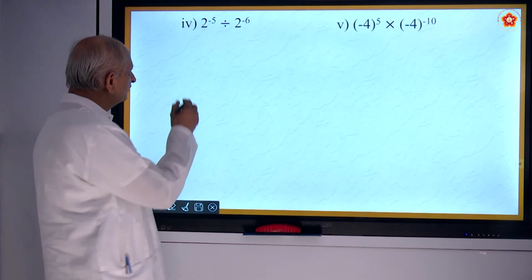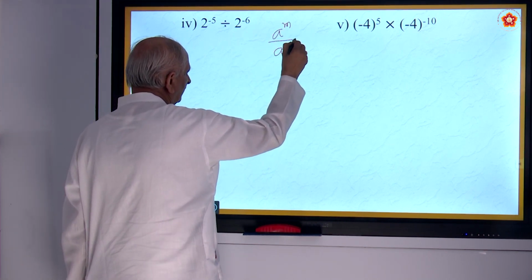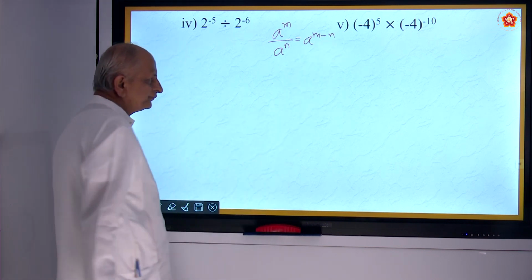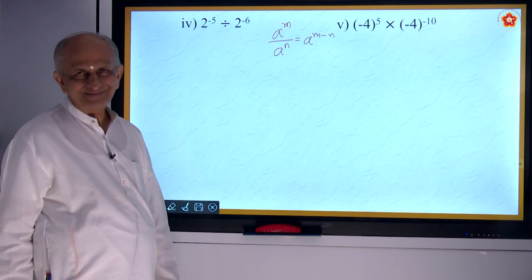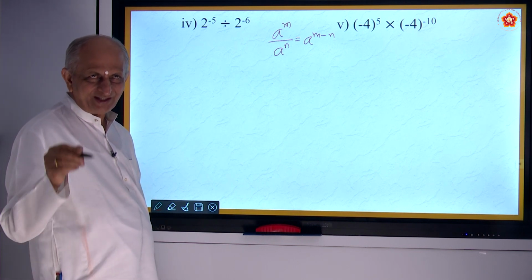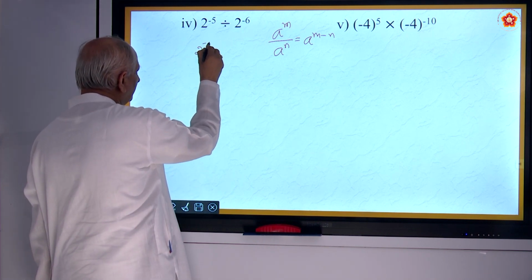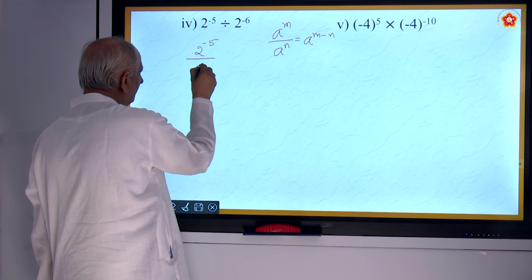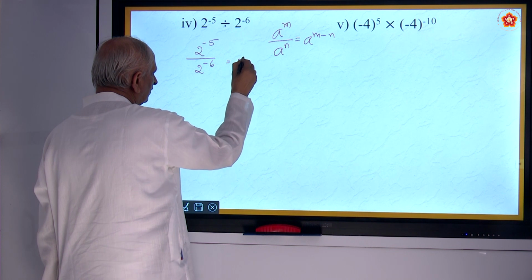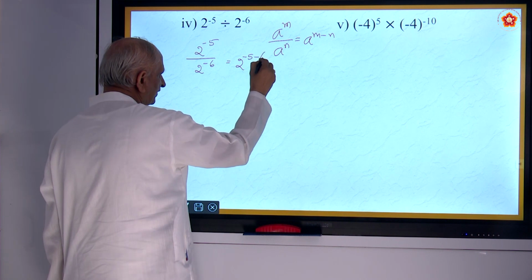2 to the power of minus 5. The formula is a to the power of m by a to the power of n is equal to a to the power of m minus n, where m and n are positive integers and a is a non-zero integer. So this will be 2 to the power of minus 5 by 2 to the power of minus 6 is equal to 2 to the power of minus 5 minus of minus 6.